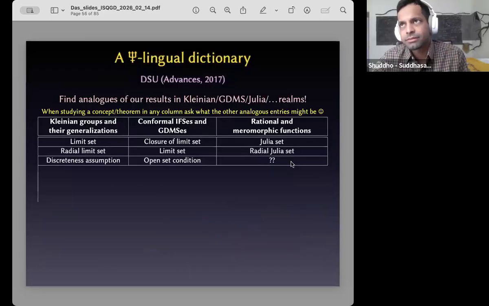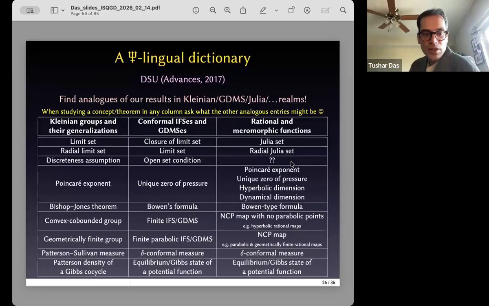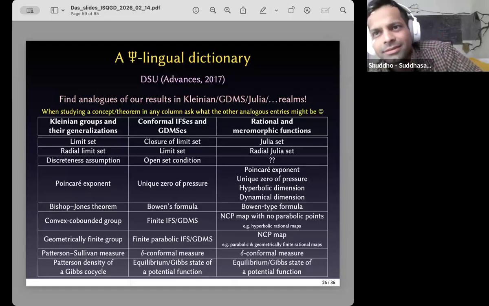But of course, if you look at my slides, you'll see much more about how the thermodynamic formalism is related to conformal IFS, like the Gauss map, and how it can be generalized. You could look at it in terms of Kleinian groups, or in terms of holomorphic, rational, or meromorphic dynamics. There's a lot of fascinating work to be done here.